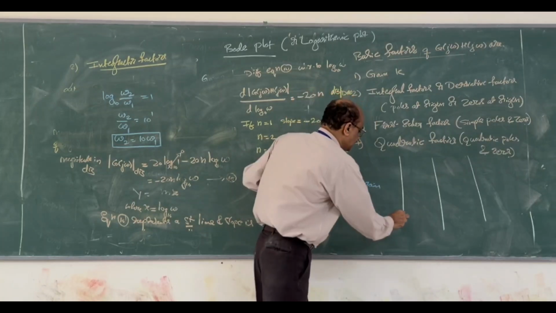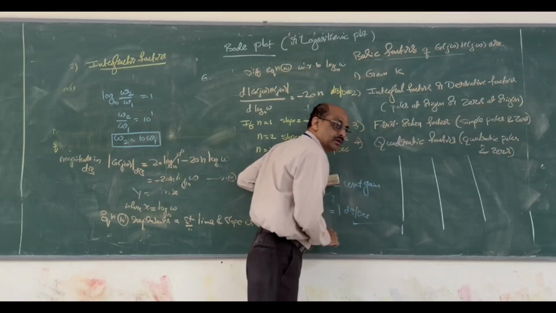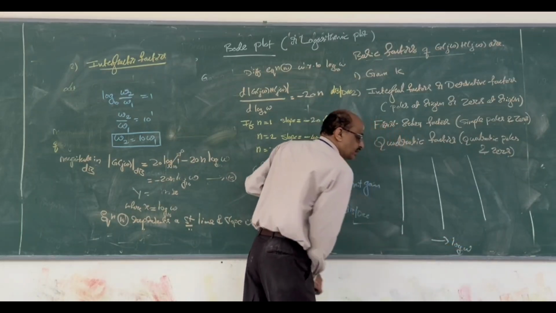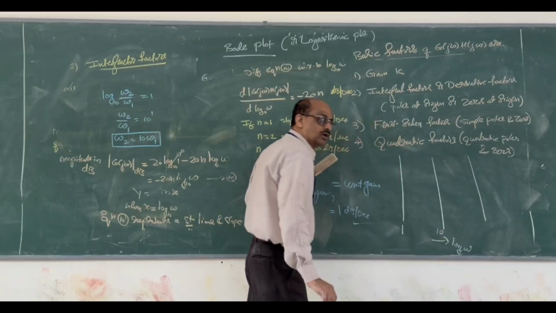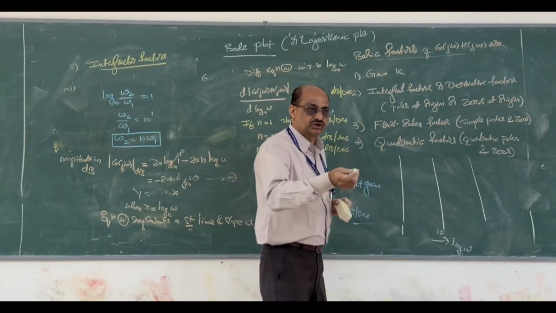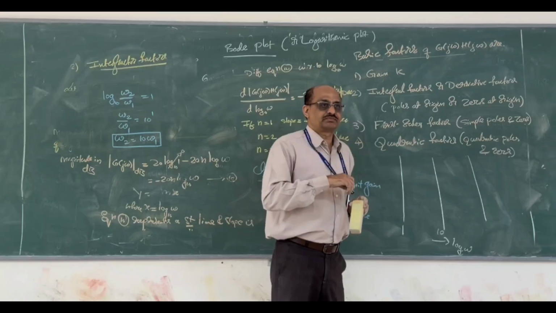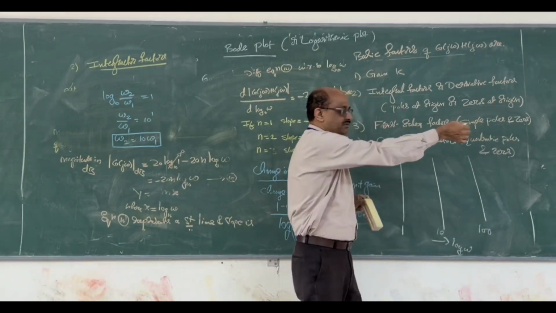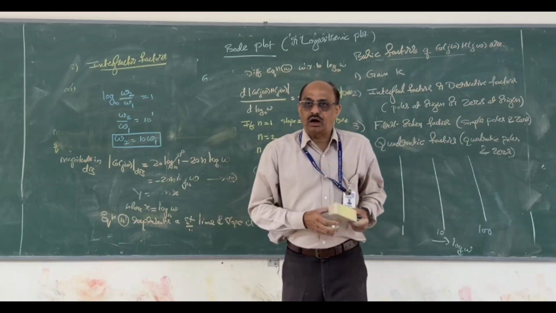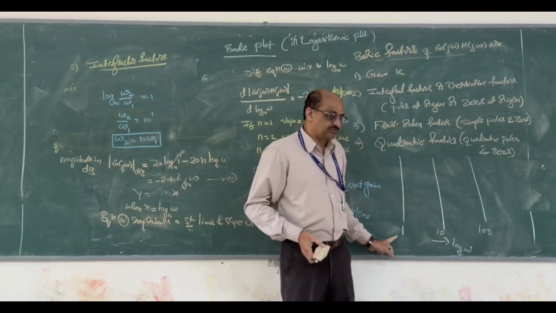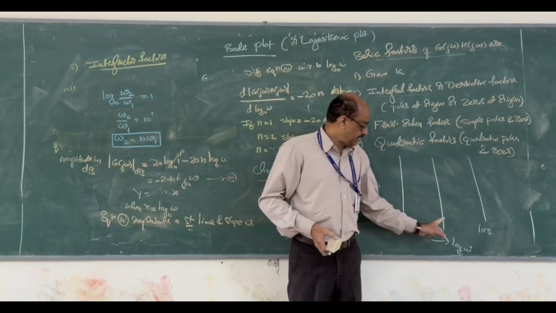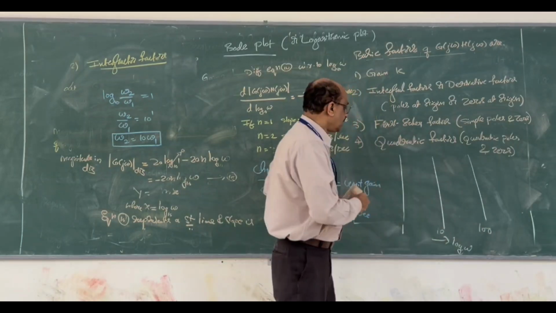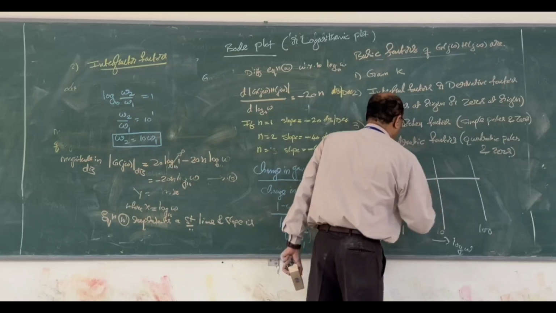Now, if the starting frequency is 1, then the next frequency is 10 times that, because I have to sketch the gain with respect to decades. So 10 times of that is 100, 10 times of that is 1000, like that. You take the starting frequency, if it is 1, then 10 times the previous one.